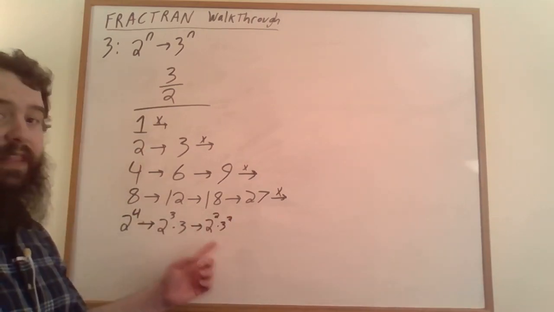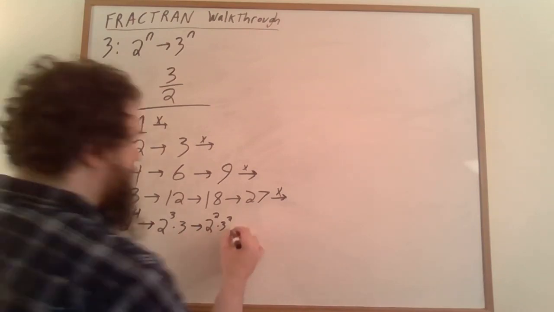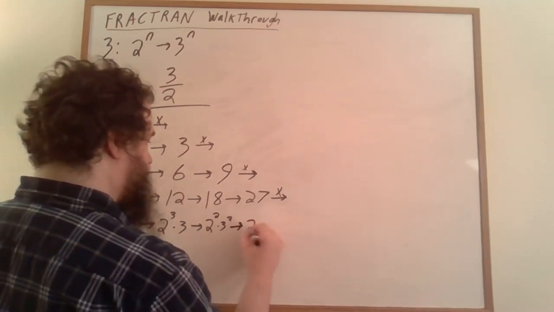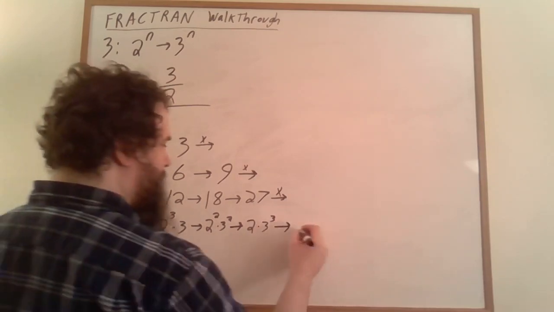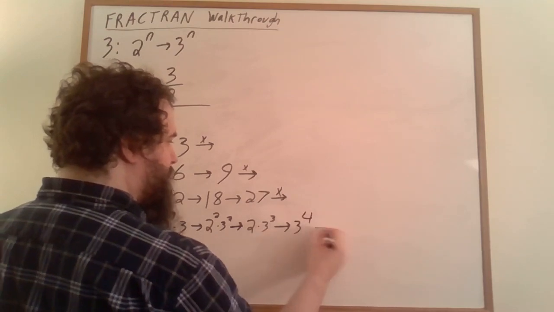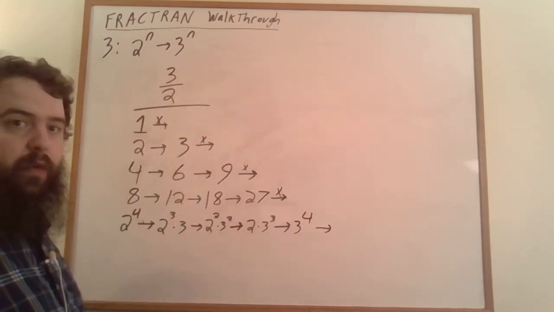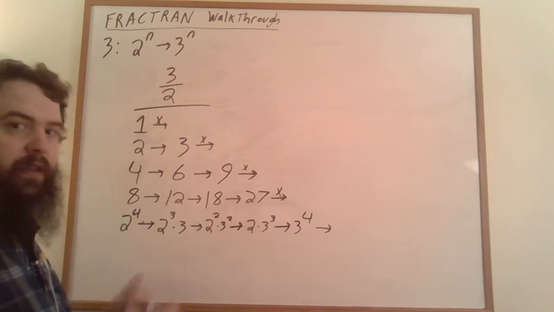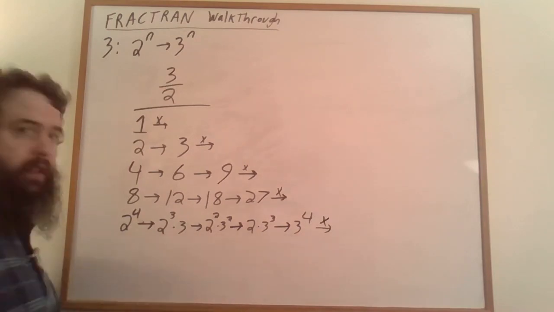When we multiply this by 3 halves again, we can because there's a 2 there, we lose a 2 and gain a 3. And then finally, we lose the last 2, gain the last 3, and we get 3 to the 4th. And 3 to the 4th doesn't have any factors of 2, so we can't multiply it by 3 halves, so we're done. So we've turned 2 to the 4th into 3 to the 4th.